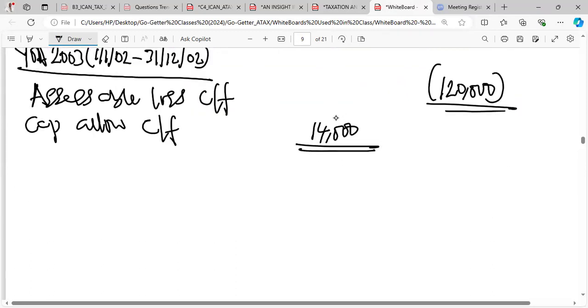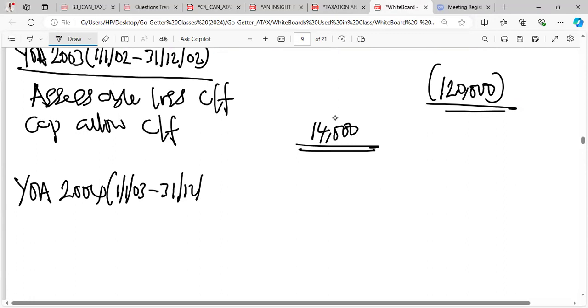We'll go to 2004. Year of assessment 2004. Of course, it's from January 1, 2003 to 31st December 2003.